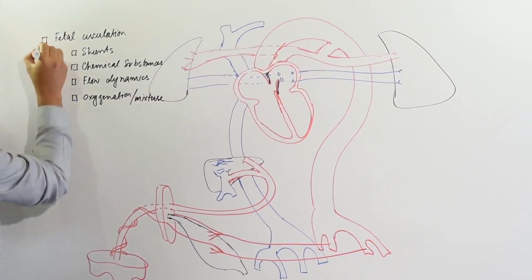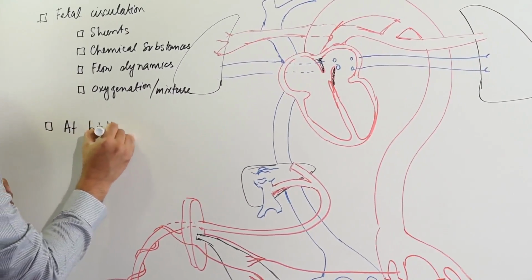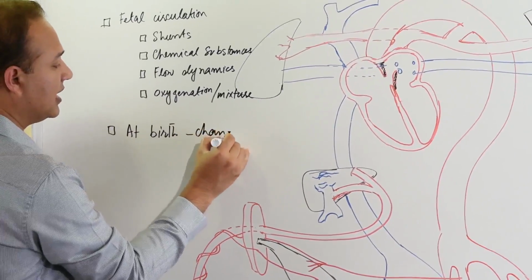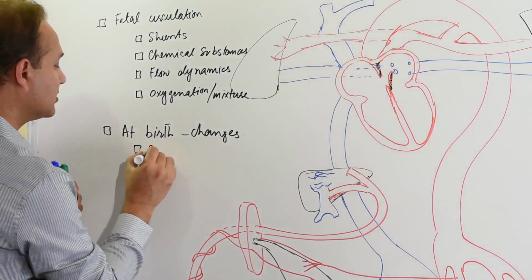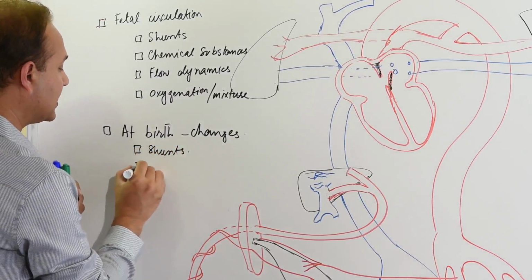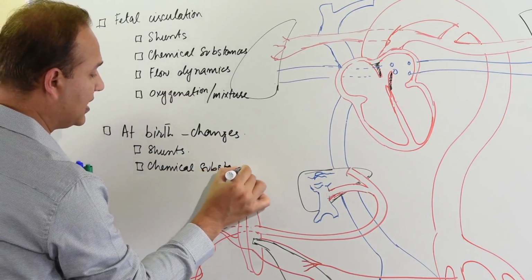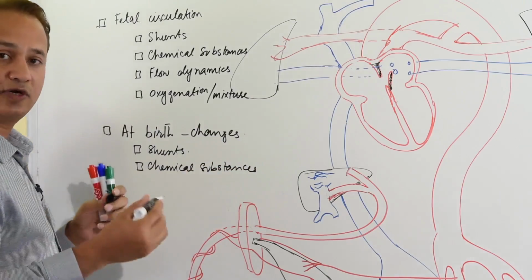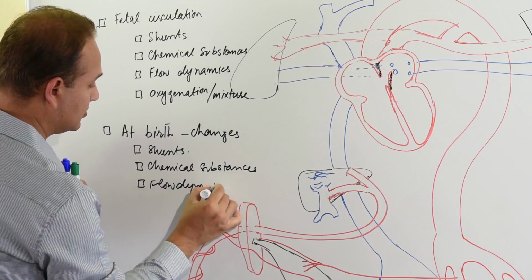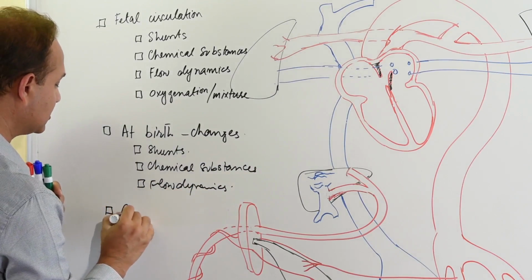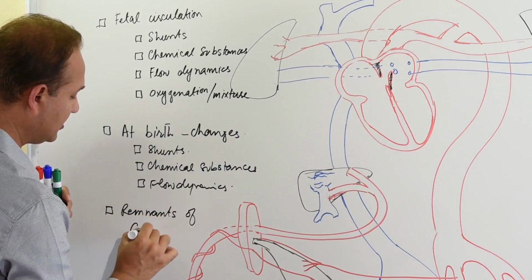Then the second major topic that you should know is the changes at birth. And again the same thing: what happens to the shunts, what chemical substances are in play, what flow dynamics change, and finally the remnants of fetal components.